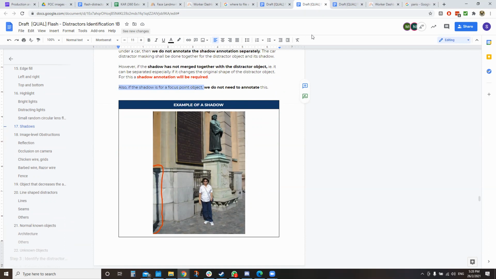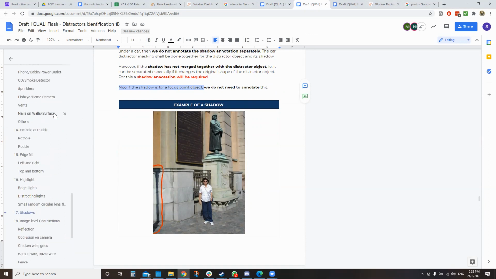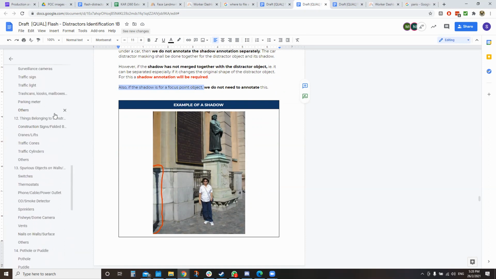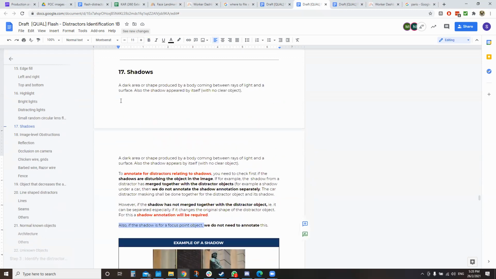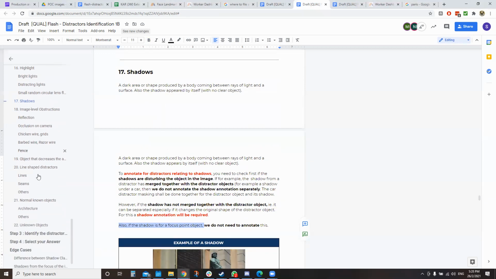Just now, remember the picture of the parking ticket, the parking lot, the parking meter? That one is actually that shadow. You cannot label it as shadow. It will be labeled as something else, I will explain to you in a while, based on object category.